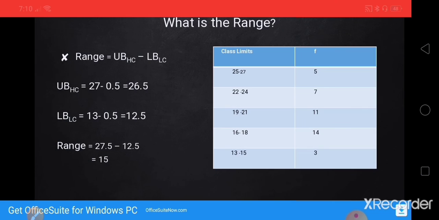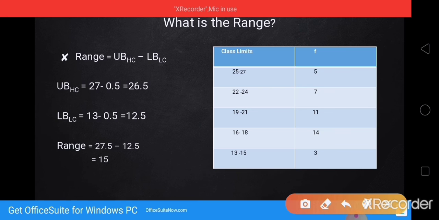Let's proceed to the range. How to find the range for grouped data? First, you need to identify the upper boundary and the lower boundary, or the highest class and the lowest class boundary. The upper class is 27 and the lower class is 13. For the upper boundary, you add 0.5 to 27 to have 26.5.